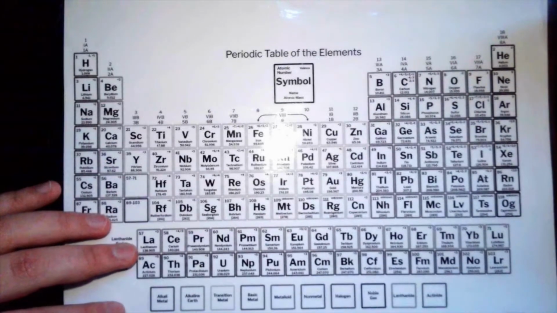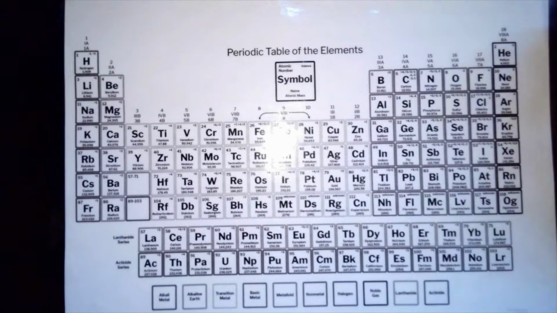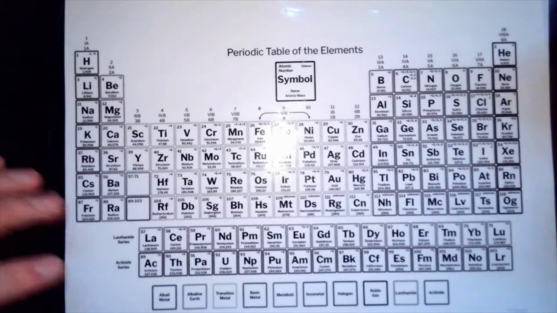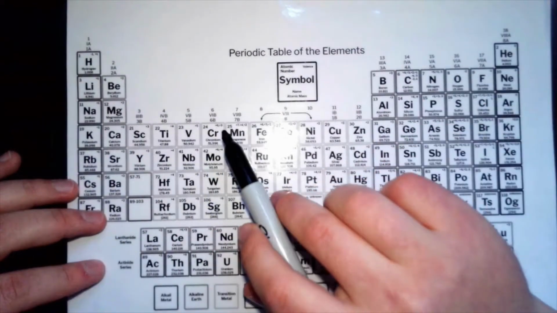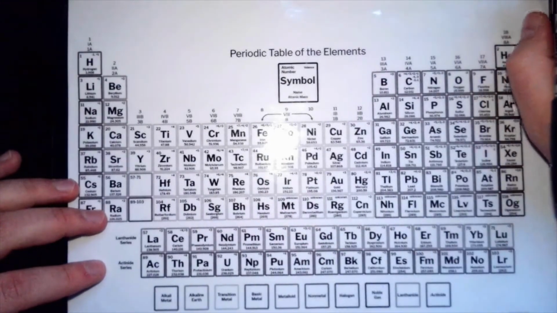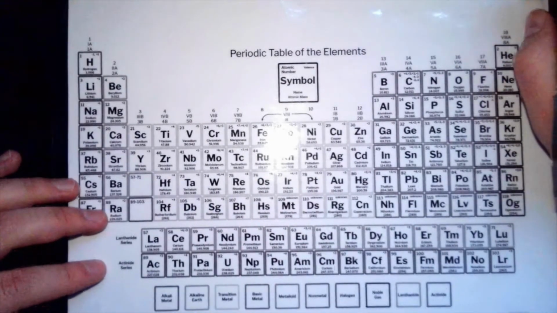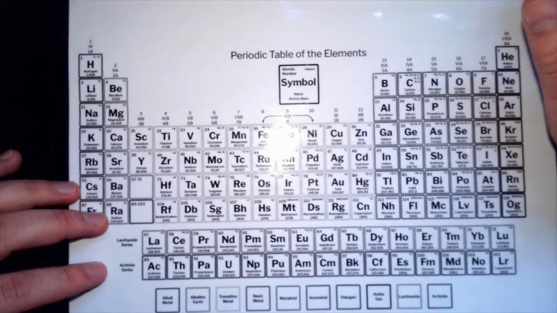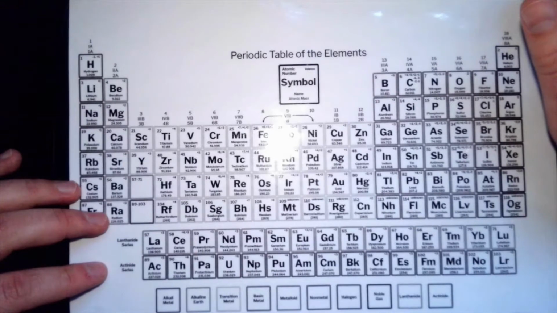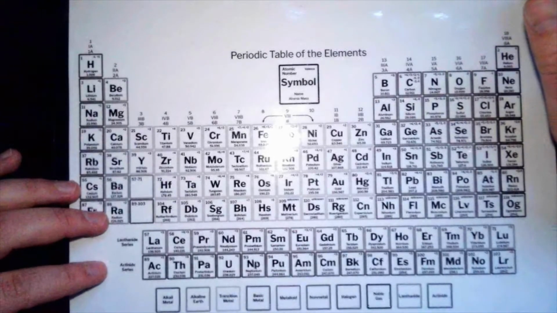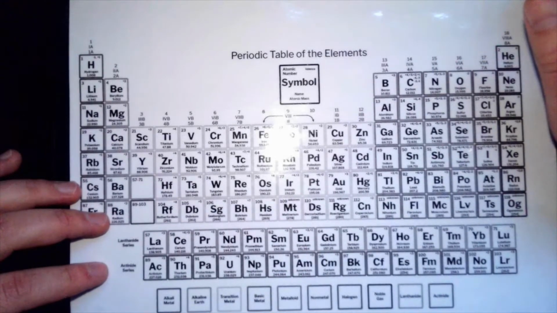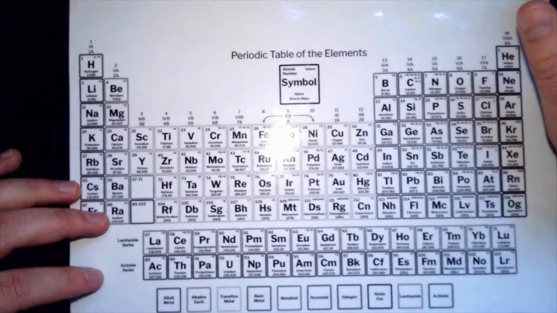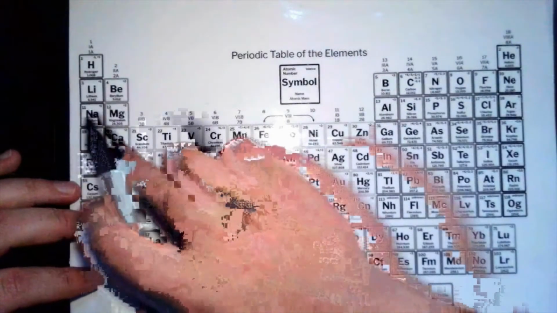So the electrons are still basically stuck in the same outermost energy level, but each time you go up an atomic number, that means you add a proton to the nucleus. So you get a stronger and stronger positive charge in the nucleus every time you add a proton, and that positively charged nucleus in the center is pulling on electrons that are stuck at the same energy level. And so the increase in positive charge in the nucleus is able to pull them in tighter, so the radius actually decreases going left to right.